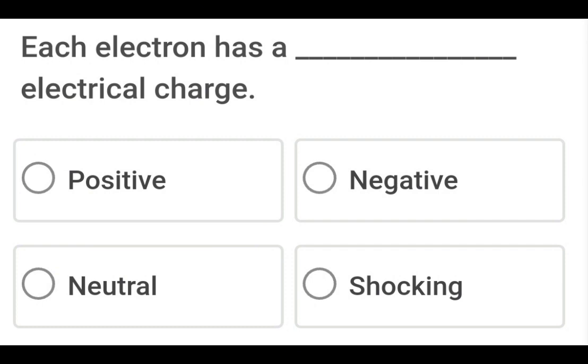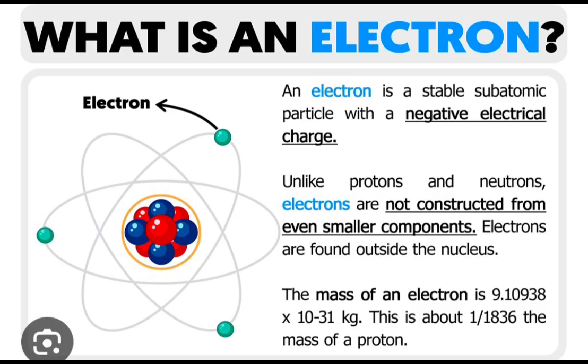Fourth question. Each electron has a dash electrical charge, A. positive, B. negative, C. neutral, D. shocking. We are going to select negative as our answer. Electrons have a negative electrical charge. This is a fundamental property of electrons, which are subatomic particles that orbit the nucleus of an atom.